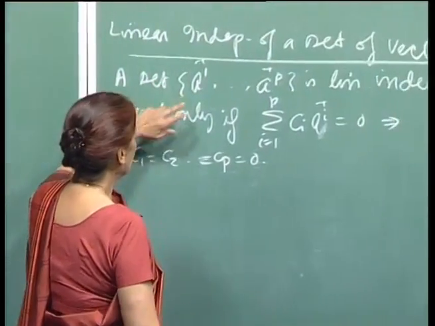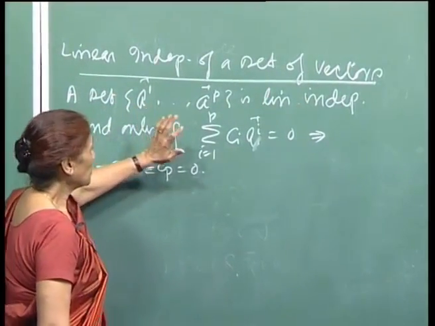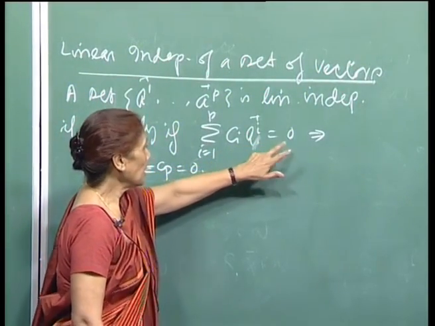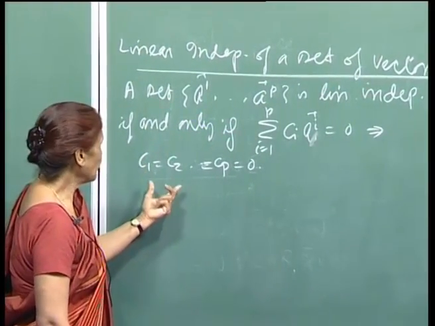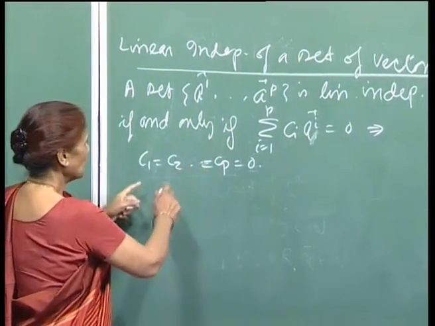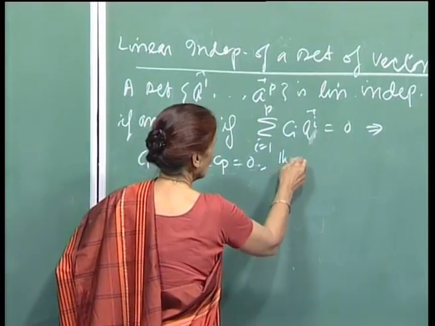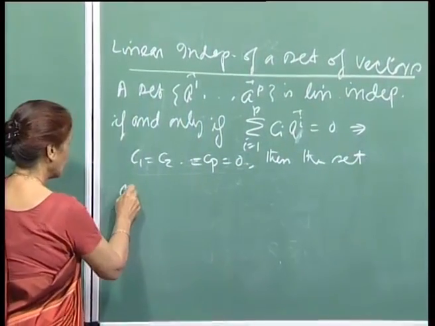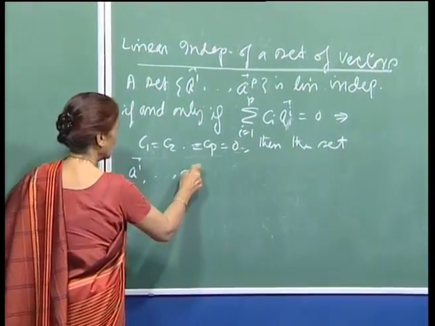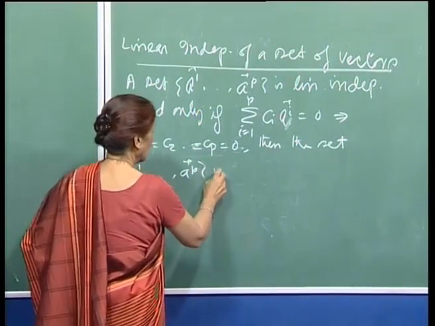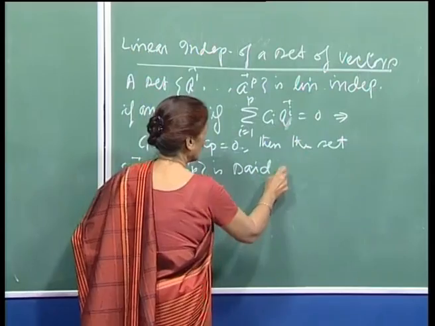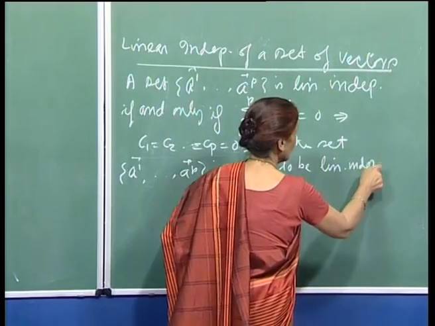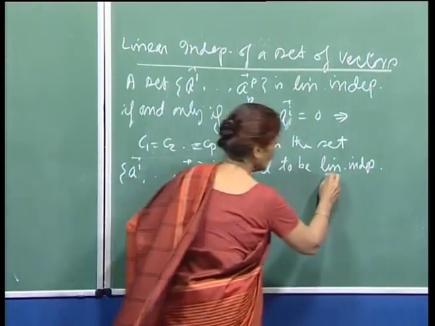So, I was saying that if some linear combination of this set of vectors equal to 0 implies that the scalars must all be 0, then the set A1 to AP is said to be linearly independent.